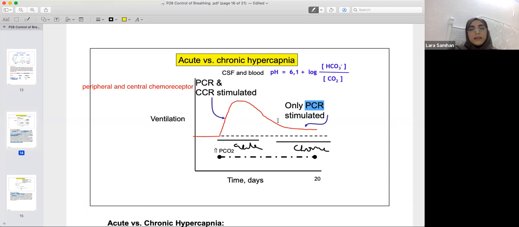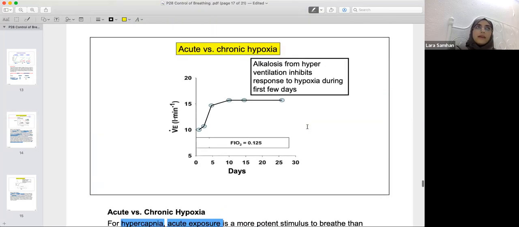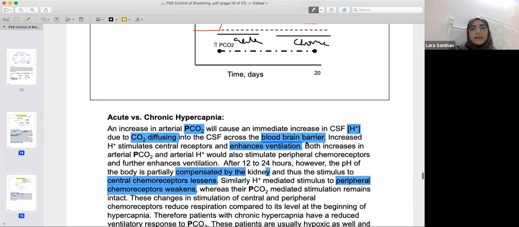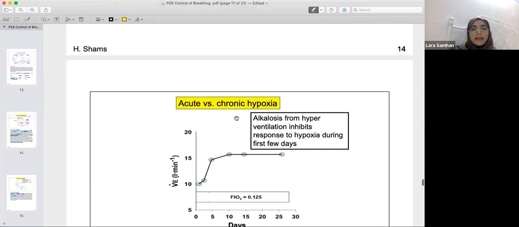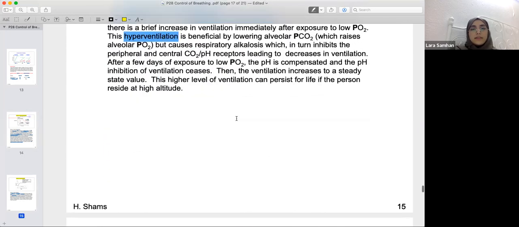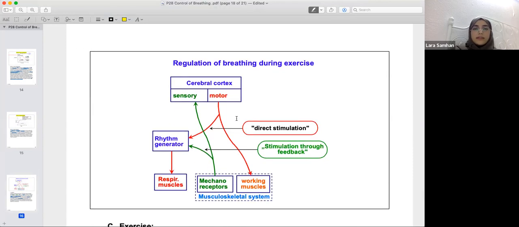It's going to significantly decrease with time, and in hypercapnia the peripheral chemoreceptors are also going to play a major role, and at the end, as we can see, the peripheral chemoreceptor will be the only one regulating, not both the CCR and the PCR. So I hope this is a quite simple explanation of the previous graphs.